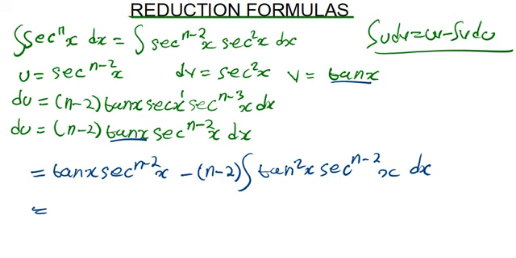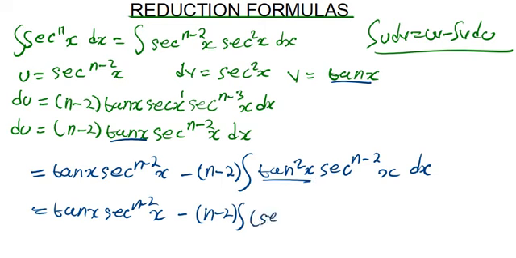Okay, so now this happens to be tan x sec n minus 2 x, minus n minus 2 times the integral of, we can set this to be sec squared of x minus 1, then your sec n minus 2 x dx.